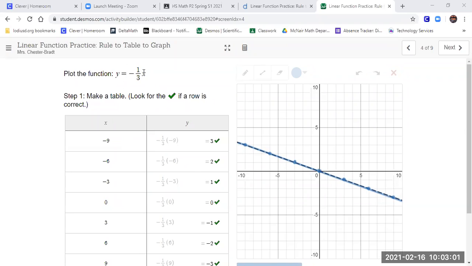What was special about the equation, the rule? No, it's not odds. What was special about the rule that made them choose by 3s?